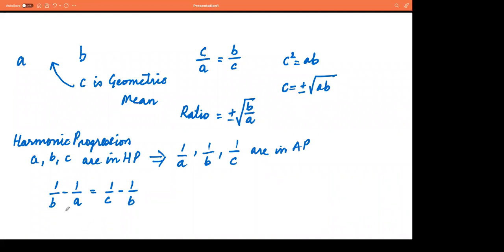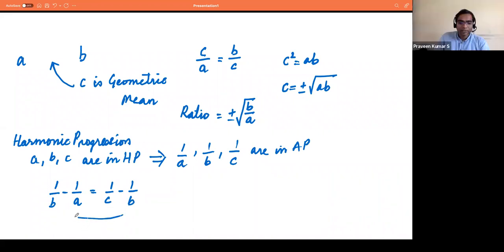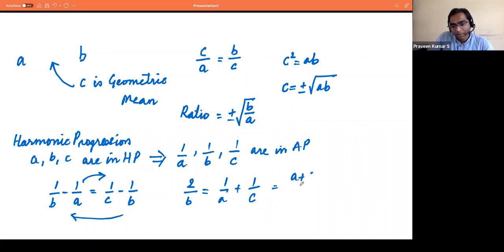Yes, sir. So if you get this term to this side and move this to this side, you'll get 2 times 1 by B is equal to 1 by A plus 1 by C, which is nothing but A plus C by AC.